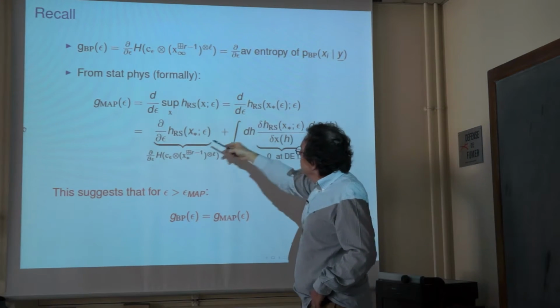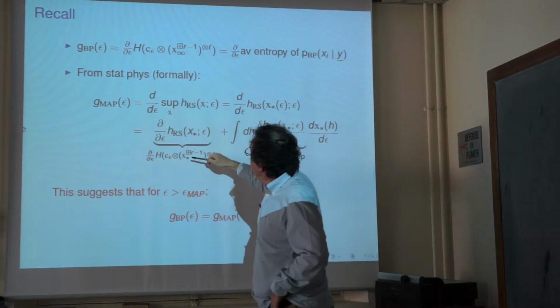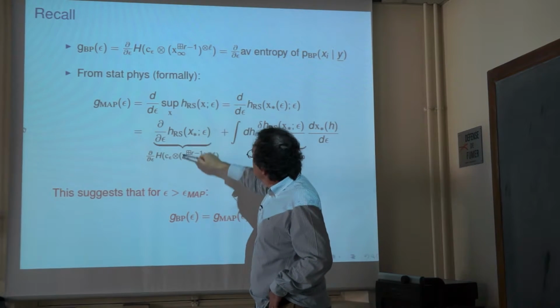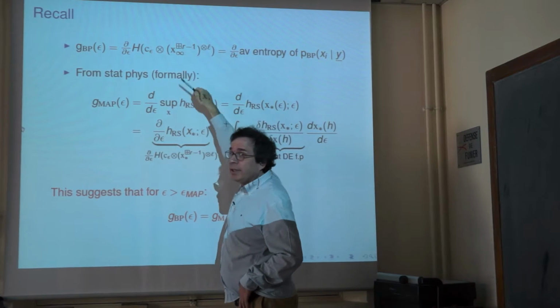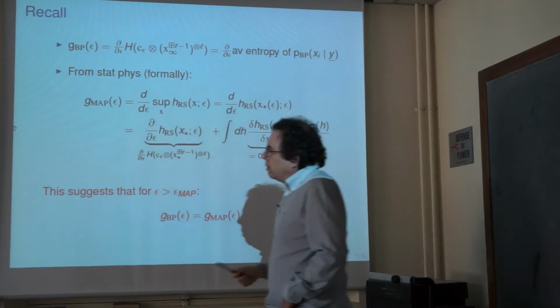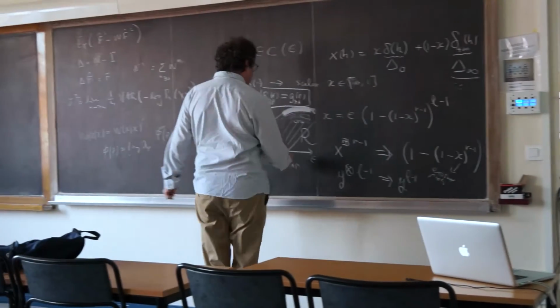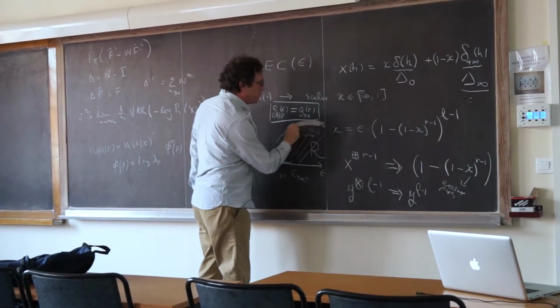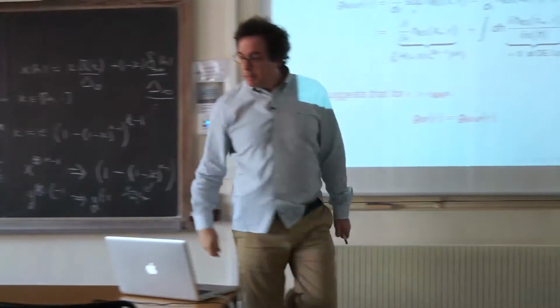So finally, the MAP should be equal to the BP if the sup here is attained at the same x infinity as density evolution. And from experience on the BEC and so on, we know that this can happen only above the MAP threshold. So all this suggests that these two curves should be equal.